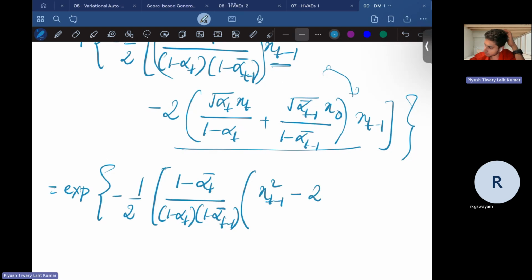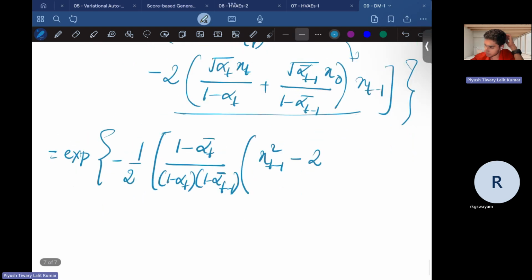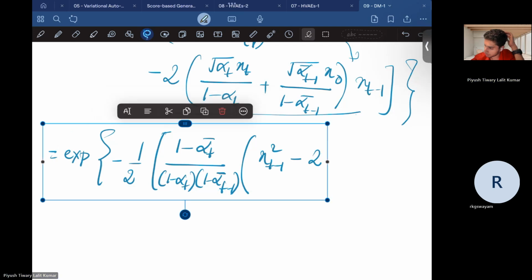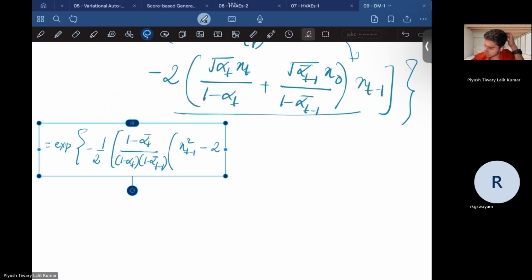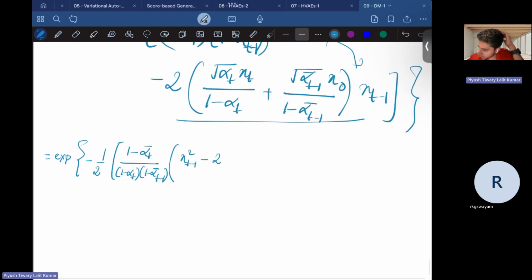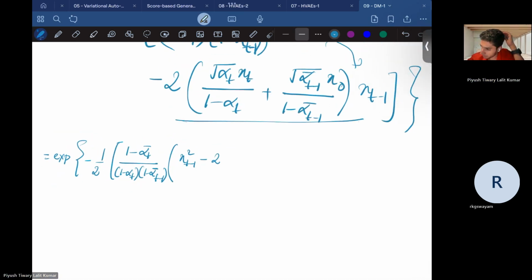Minus 2 times. Okay, I don't have enough space here. Maybe I'll make this a little smaller and write it down. So minus 2 times, what is it?